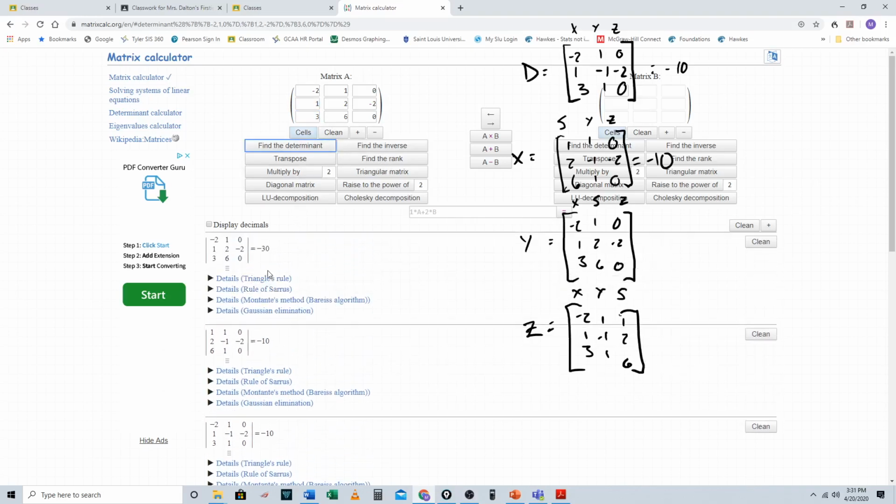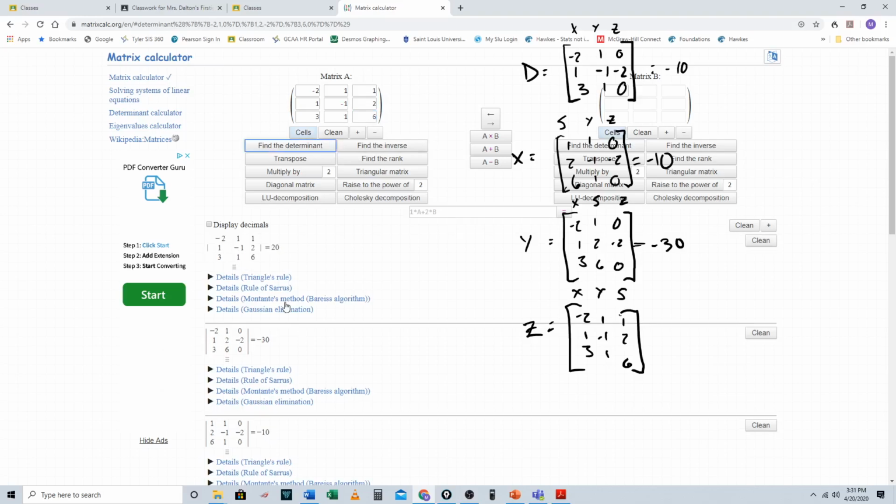Find the determinant. That's -30. The last one. 1, -1. 1, 6. Find determinant. 20.